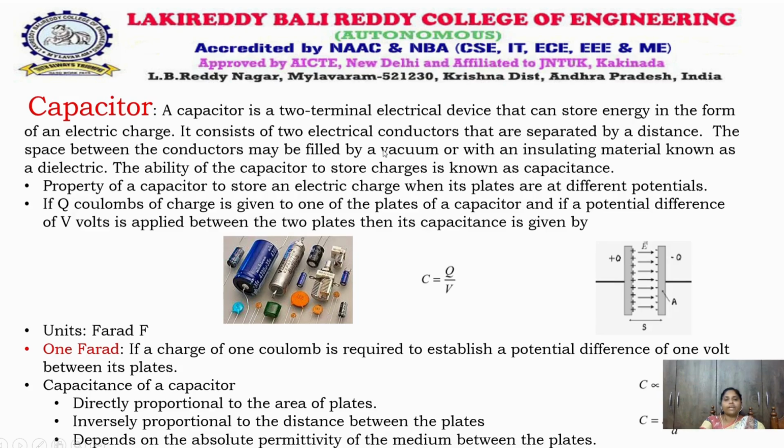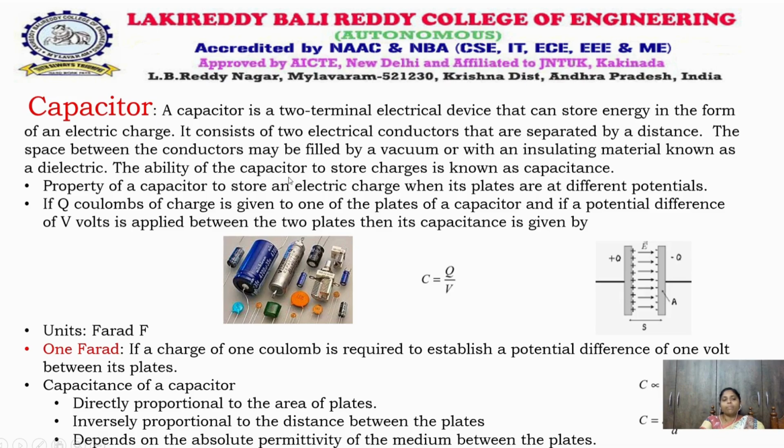It consists of two electrical conductors which are separated by a particular distance. The space between these conductors may be filled by either vacuum or an insulating material. This insulating material is known as the dielectric.